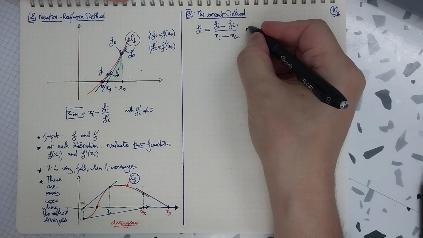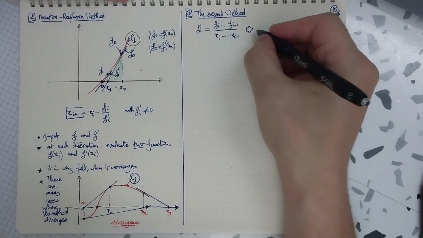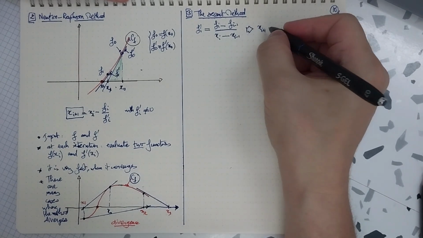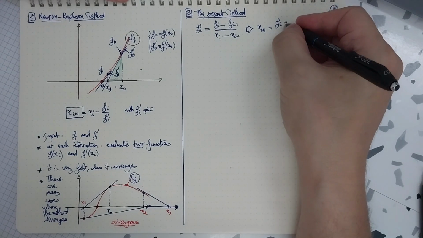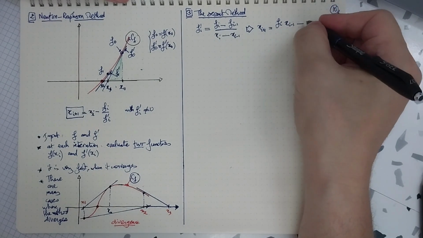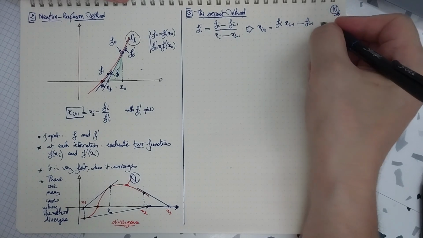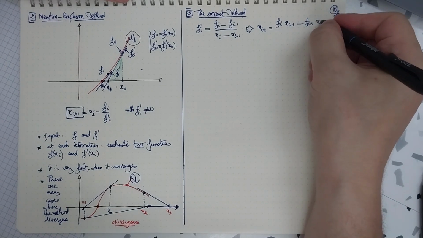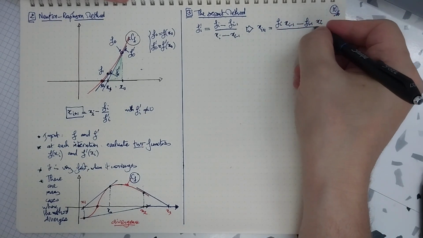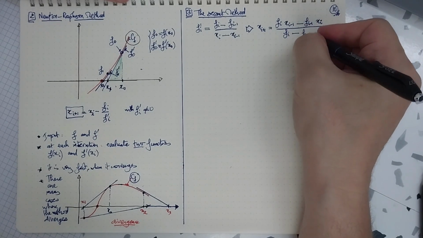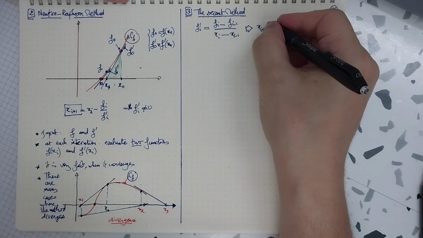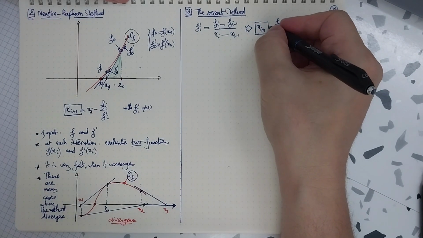And this leads to the formula: the next point x_{i+1} equals f_i x_{i-1} minus f_{i-1} x_i over f_i minus f_{i-1}, which looks like Abou Kamel, but is different.